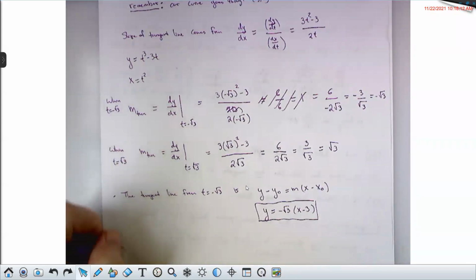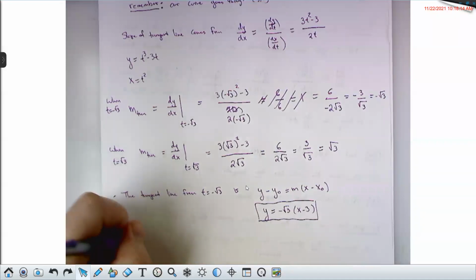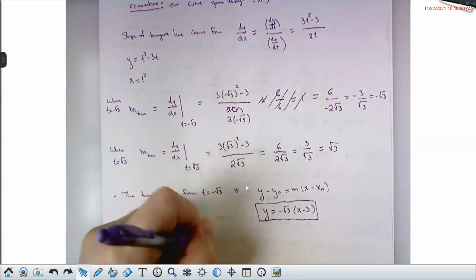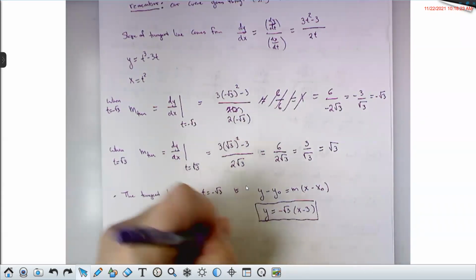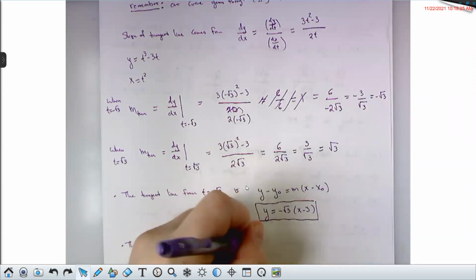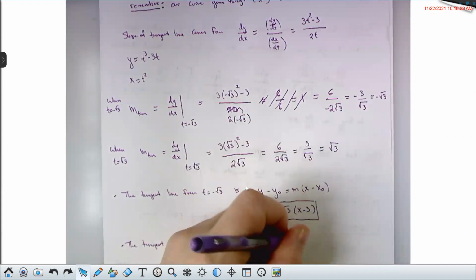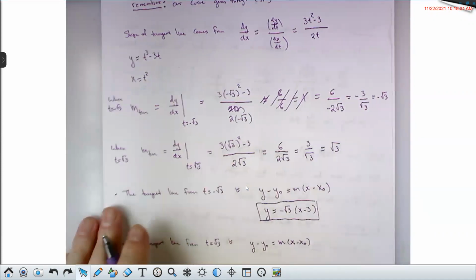And the other one, the tangent line from t equals positive root 3 is y minus y0 equals m times x minus x0. Again, just that regular point slope thing.